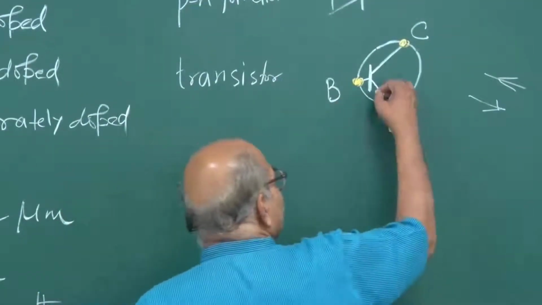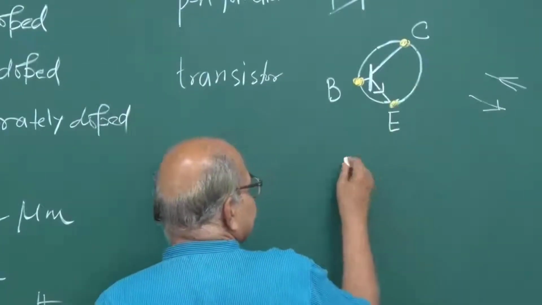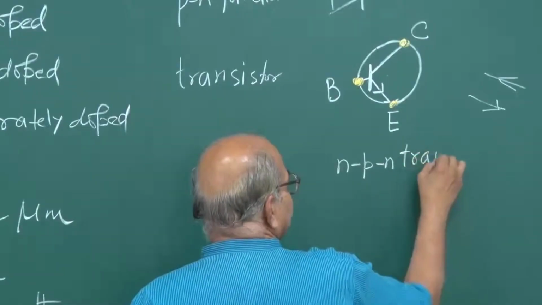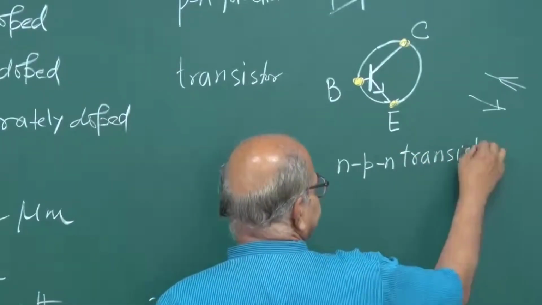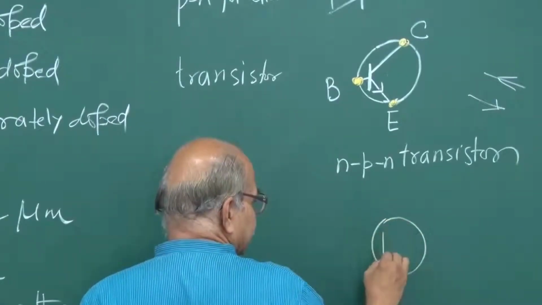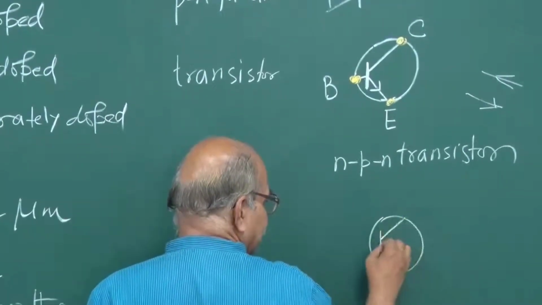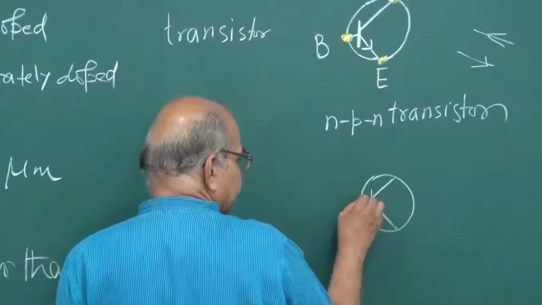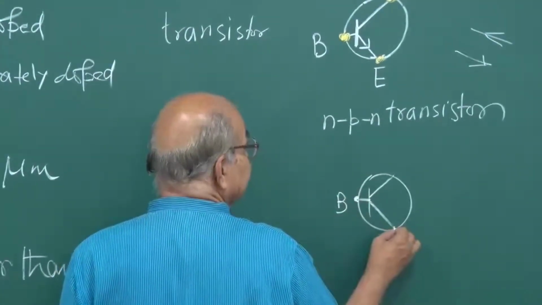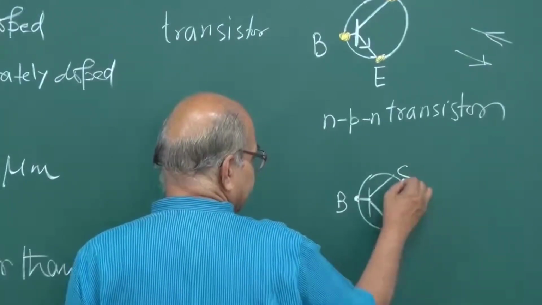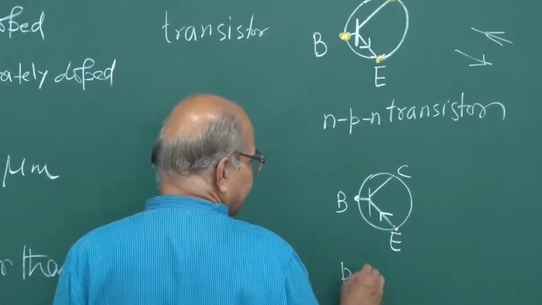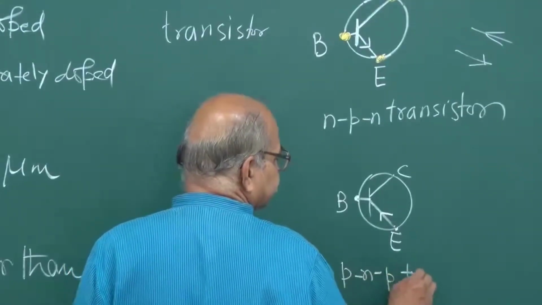If I put the arrow here, this is the symbol for an NPN transistor. And if I put the arrow in the other direction, with two lines coming like this and the third line as the base, then this is the emitter and this is the collector, and this is a PNP transistor.